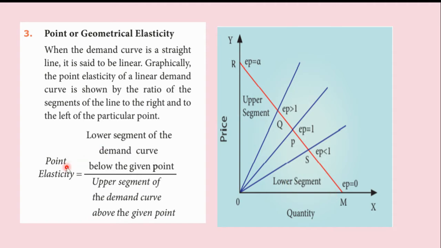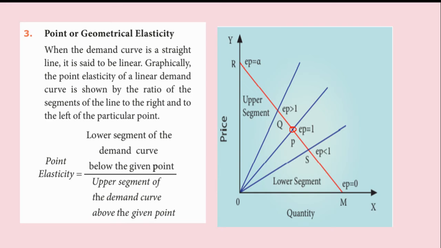The formula for this is: point elasticity is the lower segment of the demand curve divided by the upper segment of the demand curve. Lower segment of the demand curve divided by the upper segment of the demand curve. So take the point P. At this point P, what is the formula? Lower segment of the demand curve.